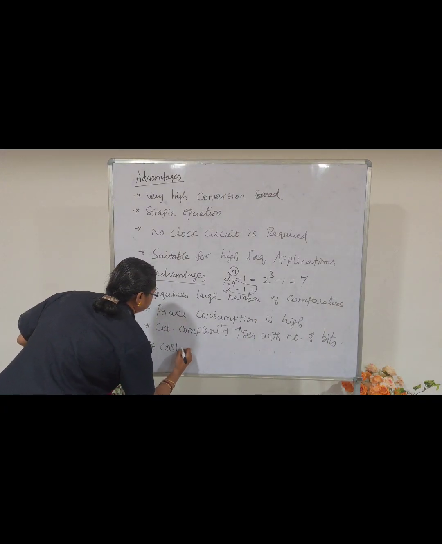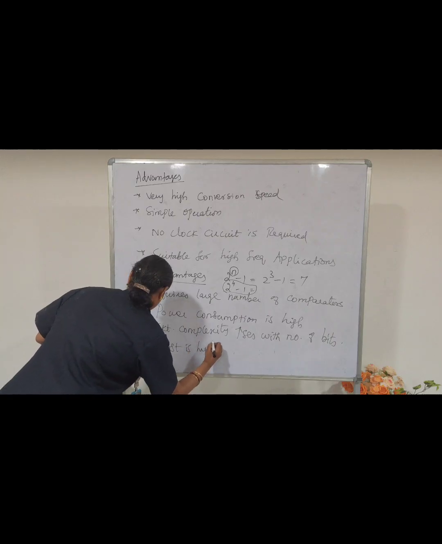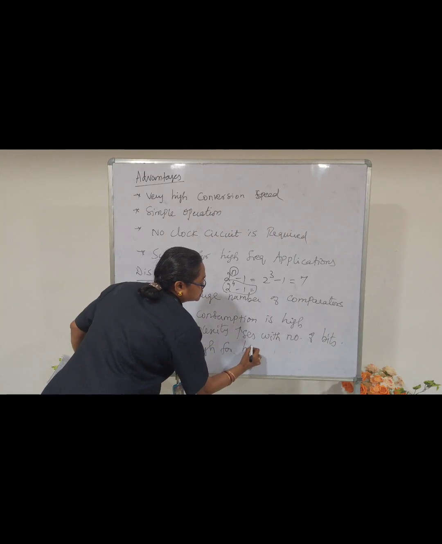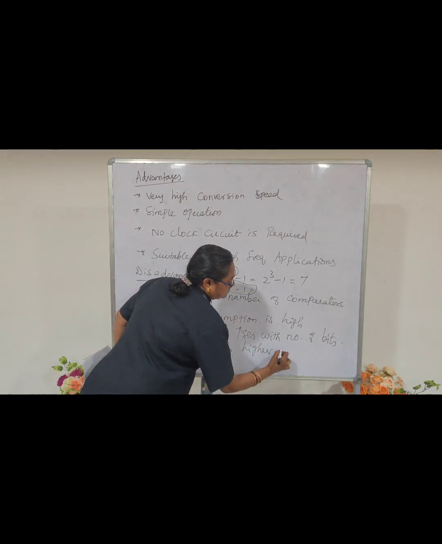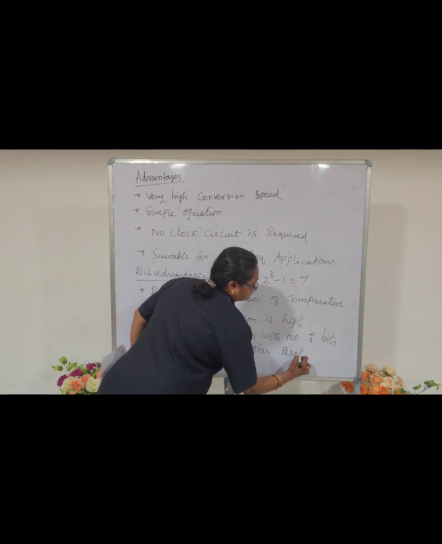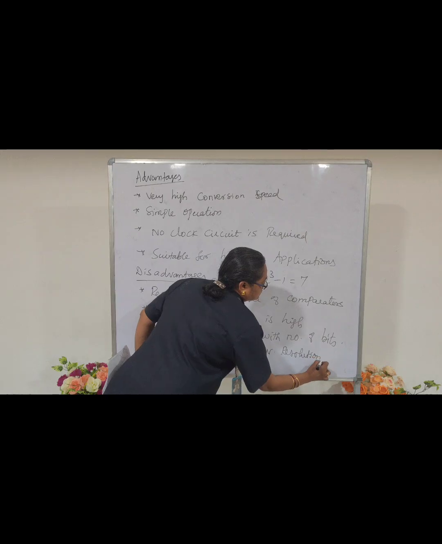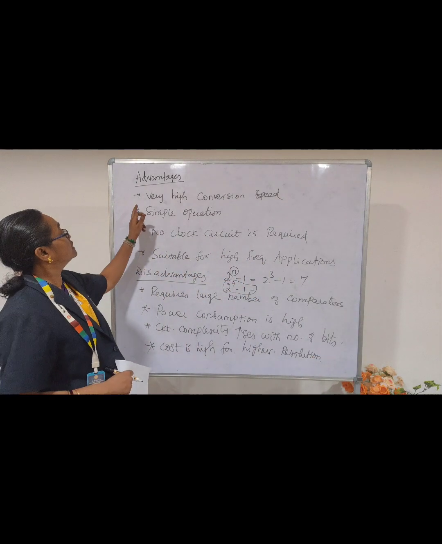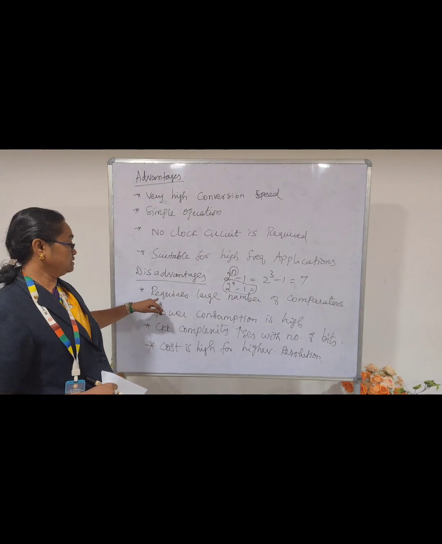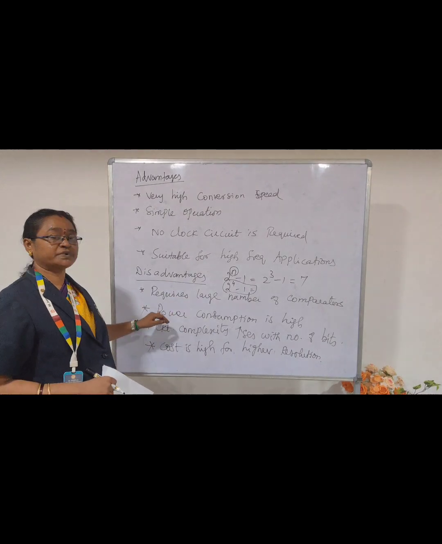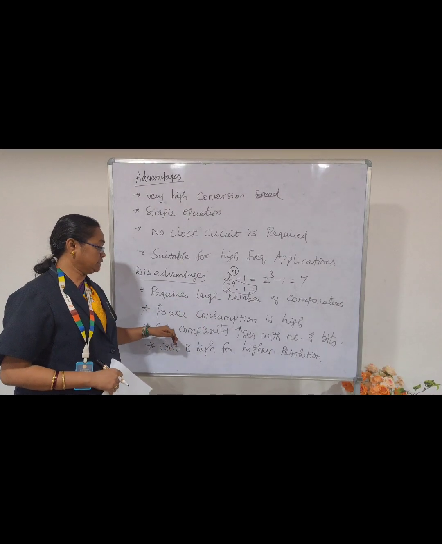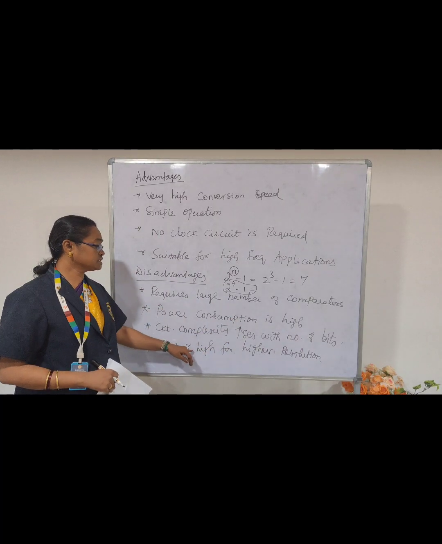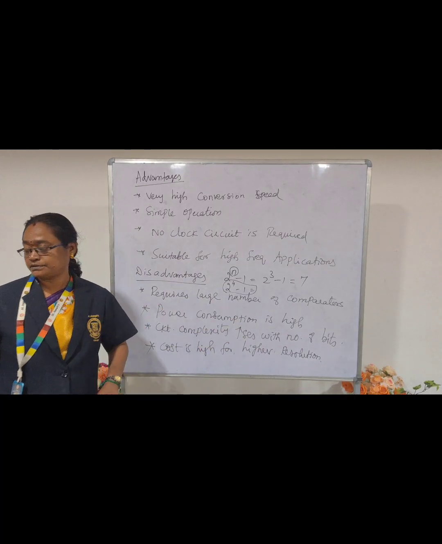Cost is high for higher resolution. So these are the disadvantages of flash type ADC: requires a large number of comparators, power consumption is high, circuit complexity increases with the number of bits, cost is high for higher resolution.